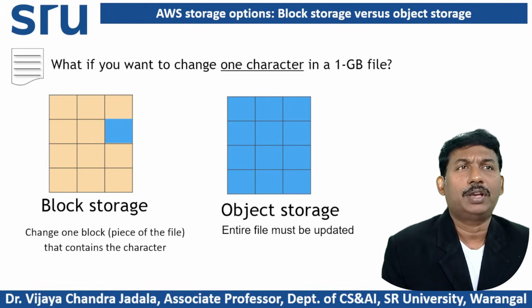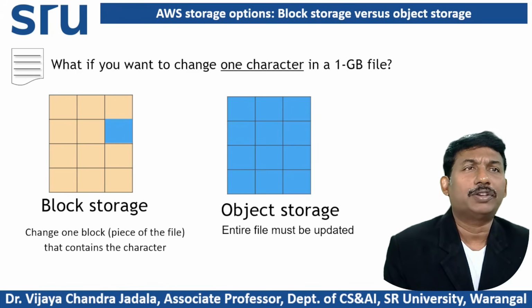Then comes object storage, where the entire file must be updated. A particular object can be stored, and it is meant for the entire file to be updated, whereas in block storage you change one block, the piece of the file that contains the particular character.